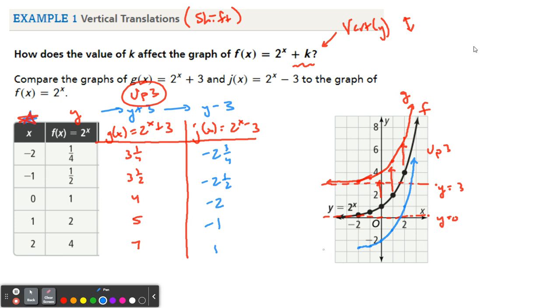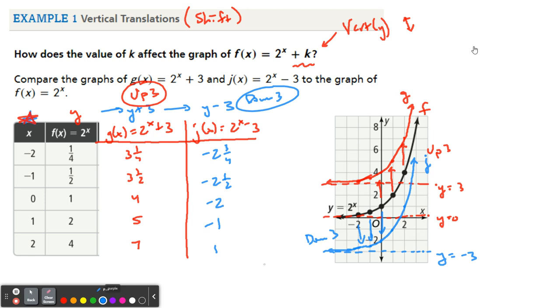And the asymptote now shifts down 3. Negative 2 3/4, negative 2 1/2, it's approaching negative 3. That's your new asymptote, y equals negative 3. And this is, of course, your j. You can see from the black one that everything shifted down 3 units. So that's what the minus 3 does. It goes down 3.